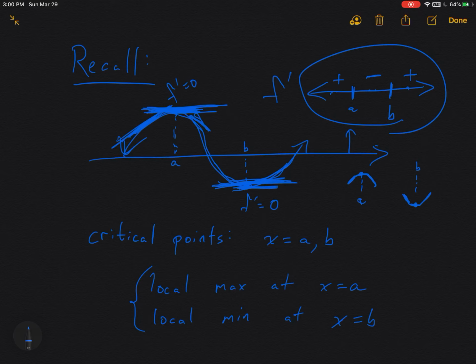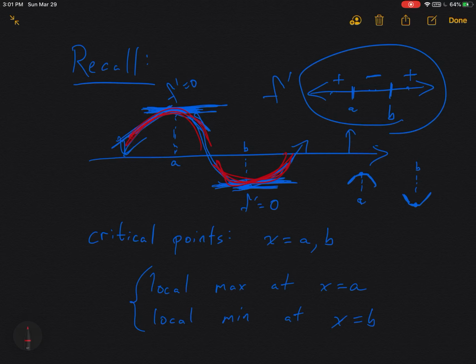In the second derivative test, we're going to talk about a slightly faster way of determining whether some critical points are local maxes or local mins, and that has to do with the concavity of the graph. Notice here, the shape of this part of the graph is sort of a bowl that's facing down, and this shape is an upward-facing bowl.